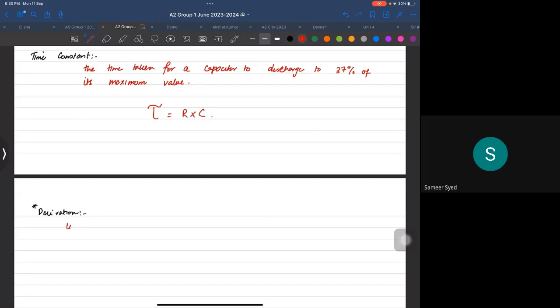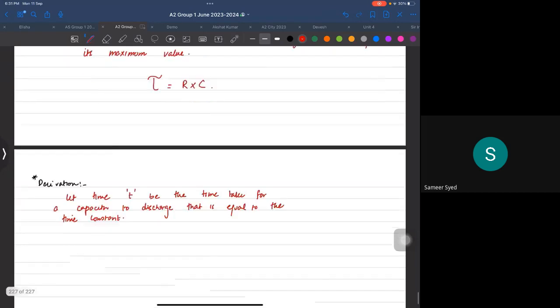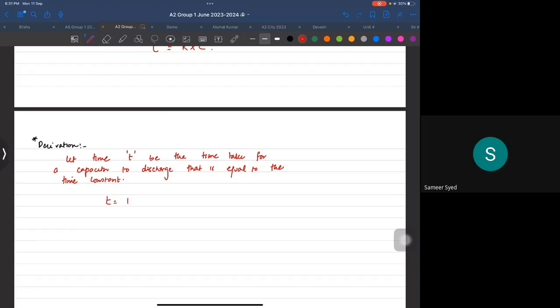So what I'm saying is, let time t be the time taken for a capacitor to discharge that is equal to the time constant. So the time elapsed is equal to the time constant, which we know is equal to RC.